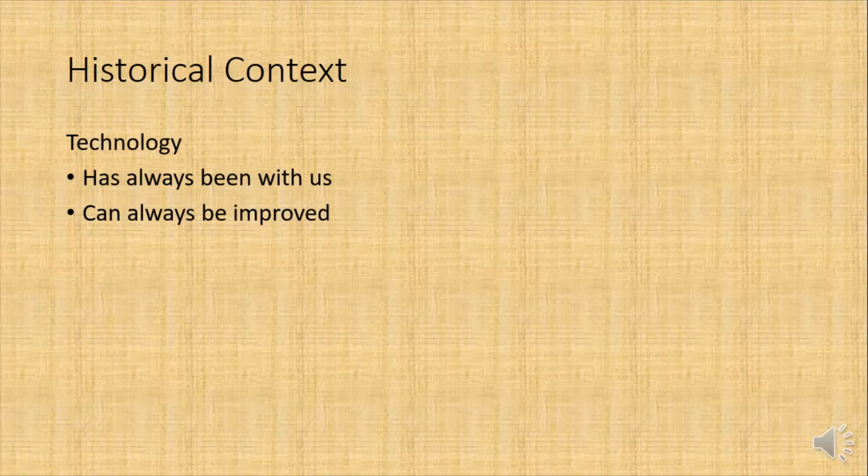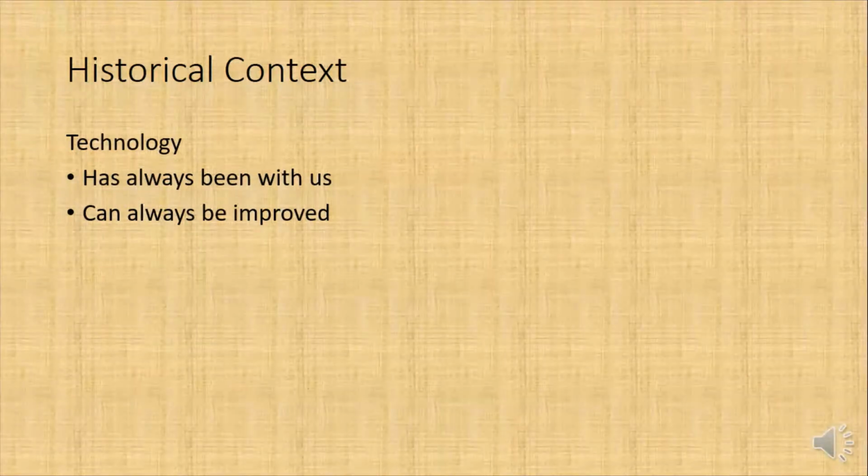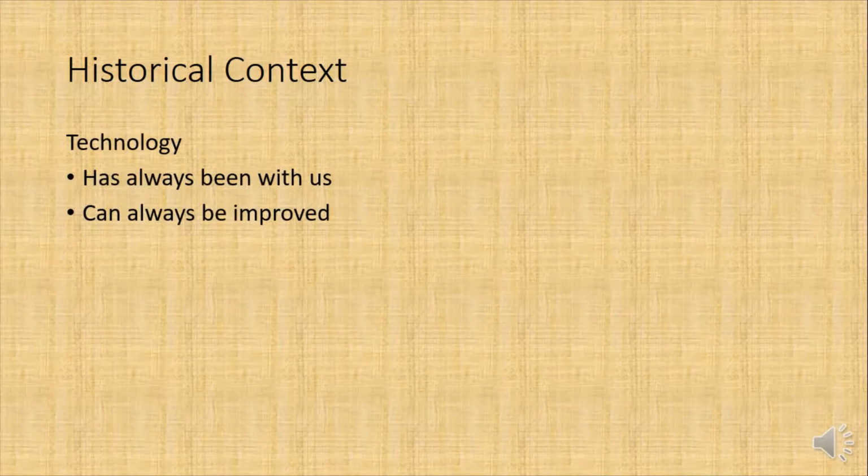One of the things about technology is that a shoe, which is technology, has not always started off that way. Somebody identified a problem: these stones hurt as I'm walking on them. So somebody developed something to put on the bottom of their feet so the stones don't hurt so much. Then somebody came along with a different material, and somebody said, I can strap this material onto my feet.